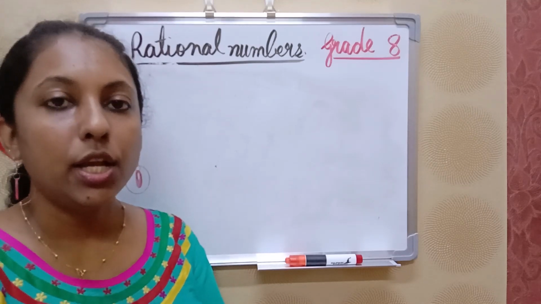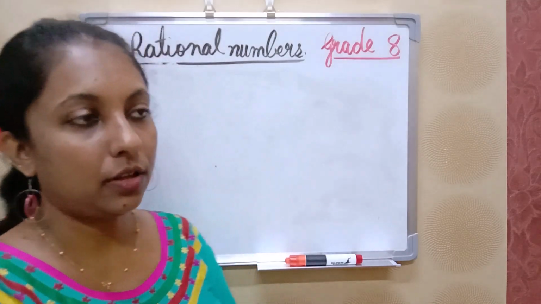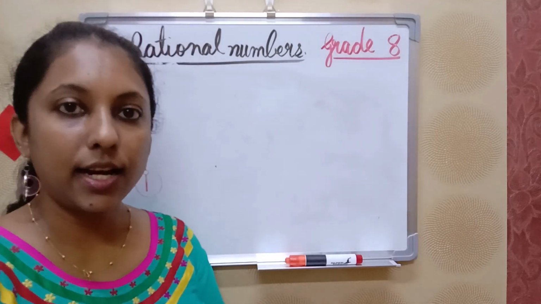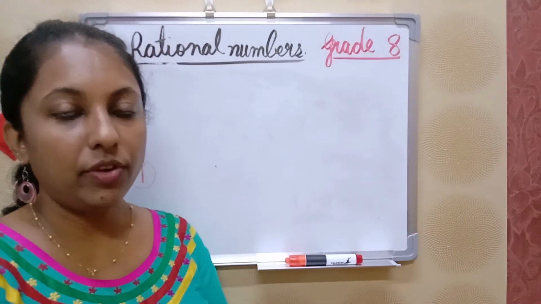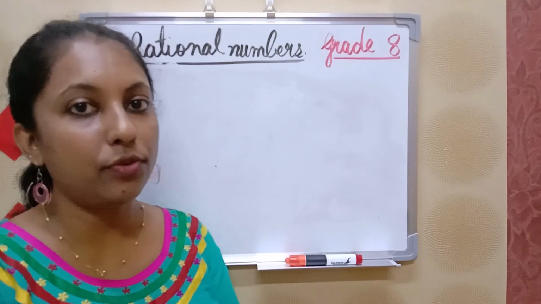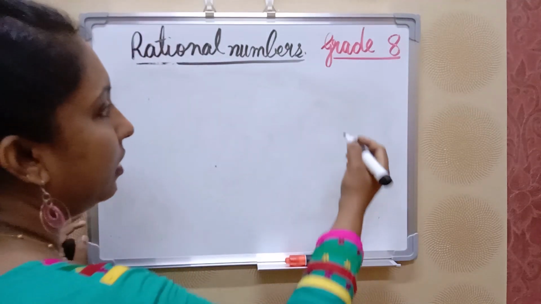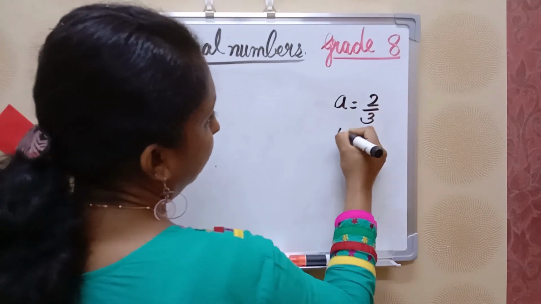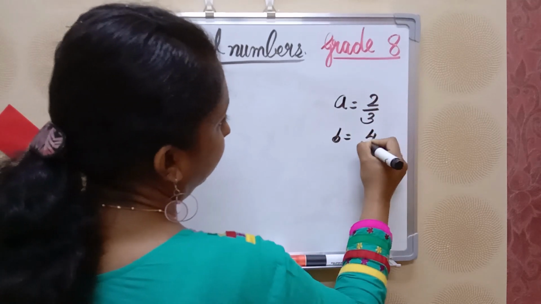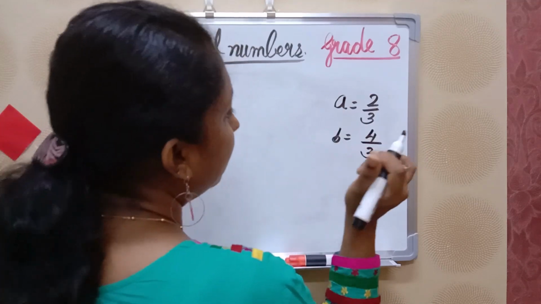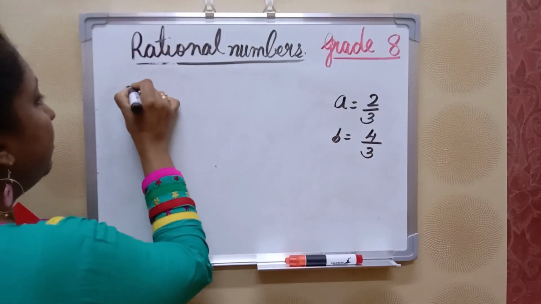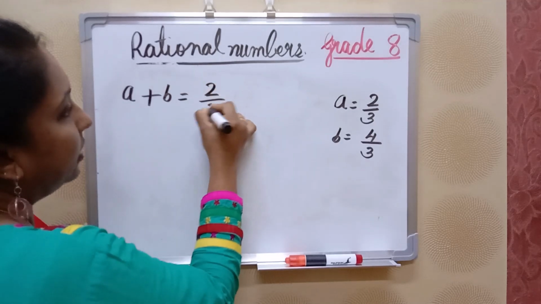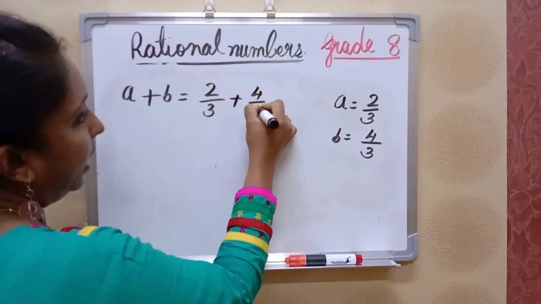First property, closure property. The sum of two rational numbers is again a rational number. Whether the statement is true or false, we have to check. So a is equal to 2 by 3, b is equal to 4 by 3. Now a plus b we can find. a plus b is equal to 2 by 3 plus 4 by 3.